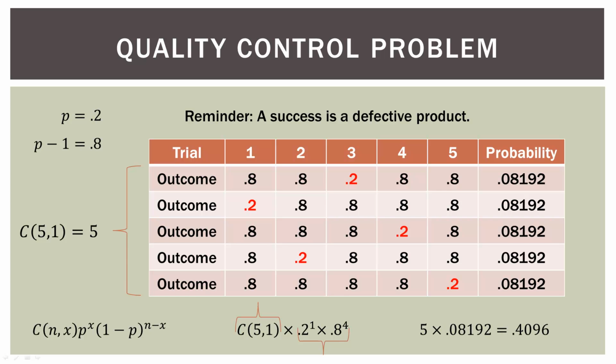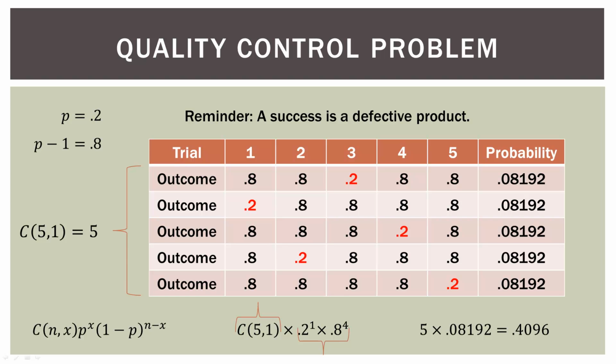Now when we go ahead and do that, we have 5 times 0.08192, which equals 0.4096. And again, that's the same thing as adding up the probability column over there. So, what can we conclude? Well, in this case, the probability of selecting 5 products randomly, in a sequence.